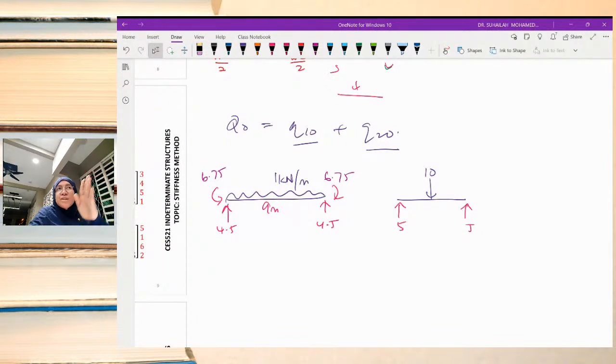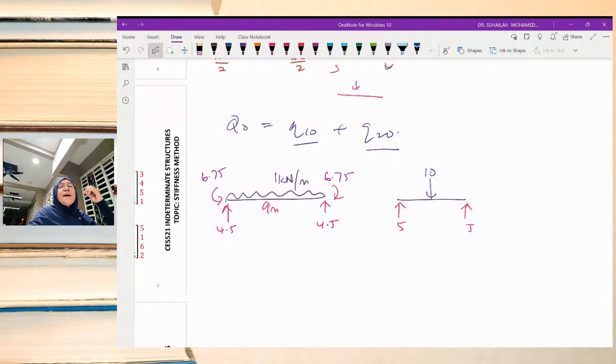Not only vertical reaction, the fixed end reaction for a beam also has moment. It is called fixed end moment. For fixed end moment, we use the formula given in the appendix. For UDL, it is WL square over 12, which is 6.75.